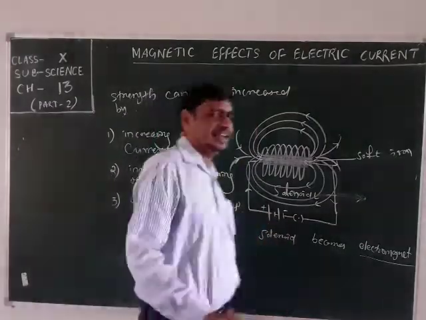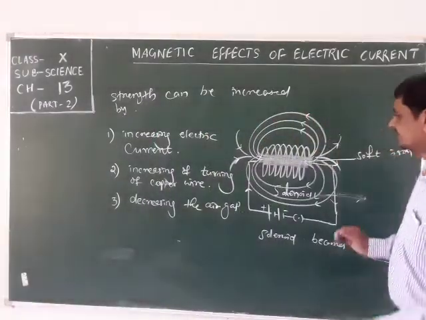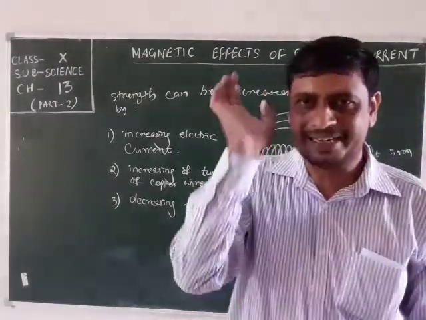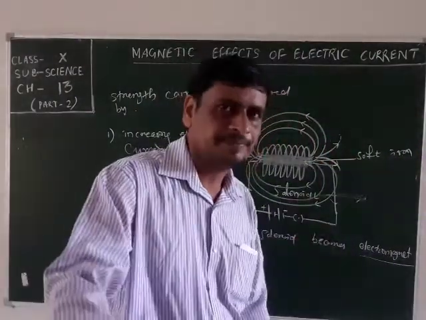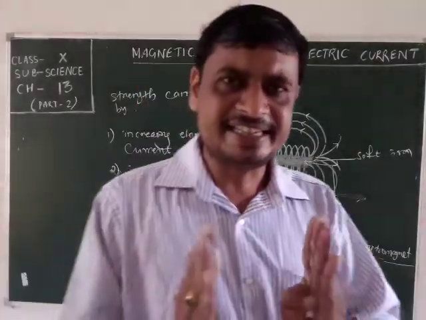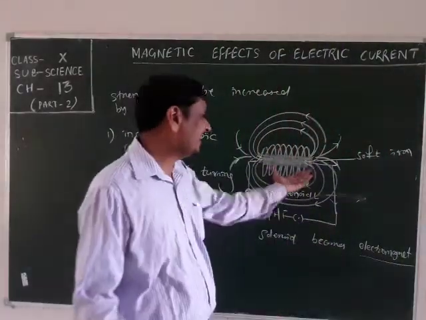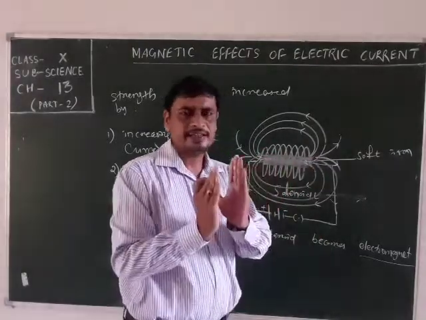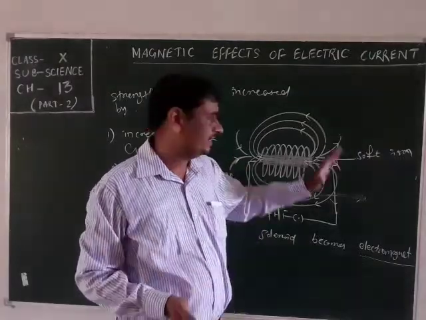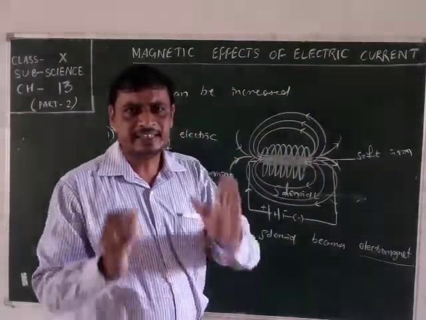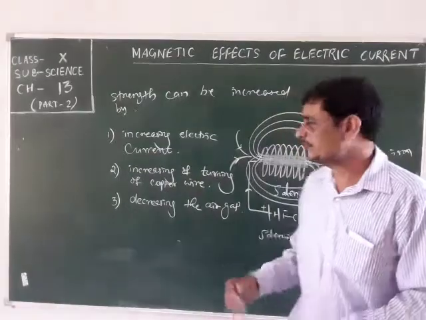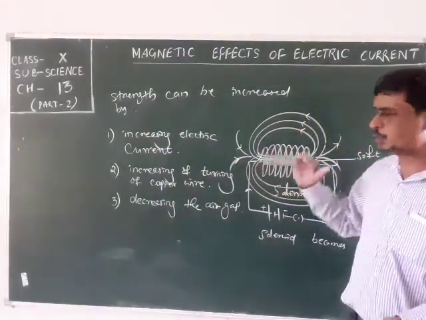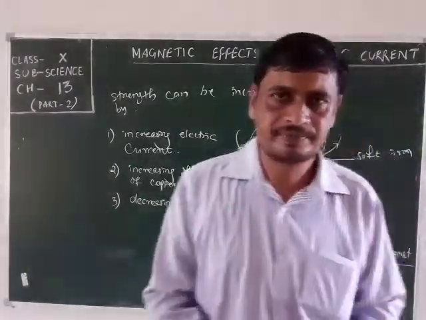By decreasing the air gap. Air gap means the distance between both the ends of the electromagnet, that solenoid. If the air gap is decreased, if the turnings are made very closely, or in a small space the turnings are wrapped closely, then the strength also increases accordingly.